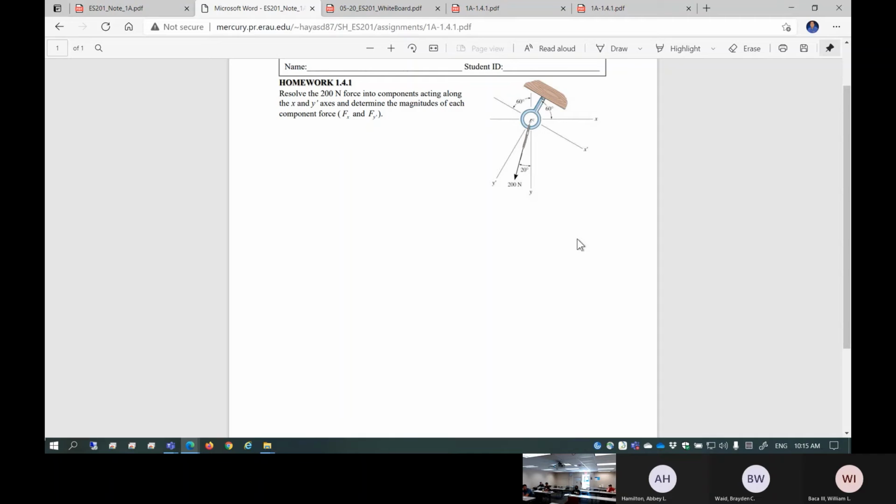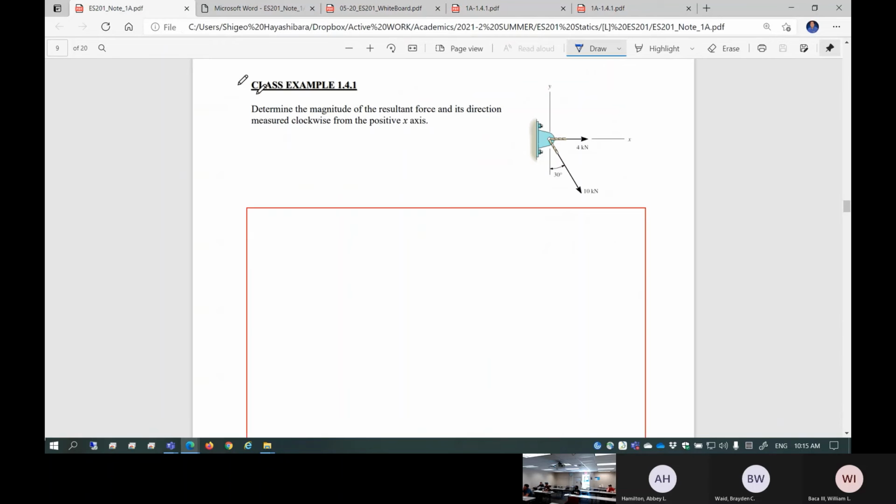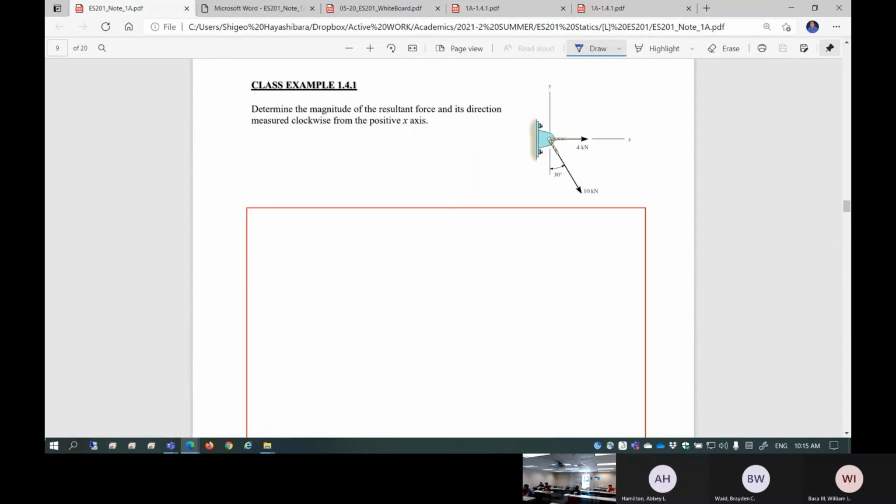All right? Okay, so let's just take a look at the note. Let's take a look at the class example 141. Again, it's very painful to do that on a digital device, but I'll do it. Let's take a look. Determine the magnitude of the resultant force and its direction, measured clockwise from the positive x-axis. So I'm going to begin with a sketch.